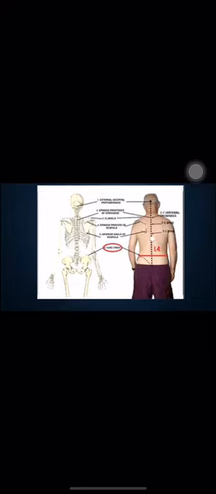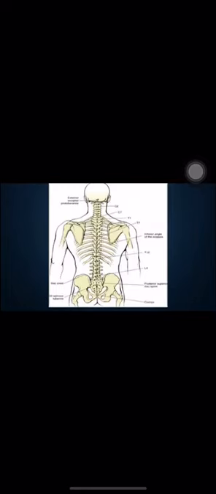The level of the posterior superior iliac spine corresponds to the sacral S2 vertebra. This is how, if a patient complains of pain and you palpate tenderness, at that level we can correlate it to the spinous process or the vertebra that has been involved.